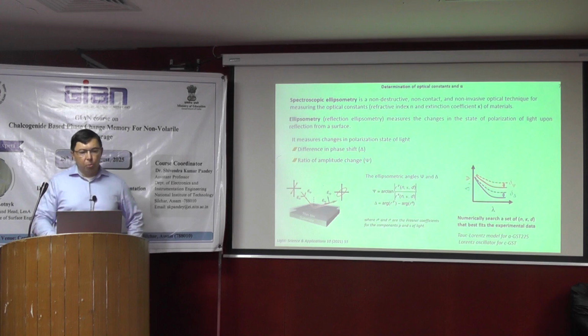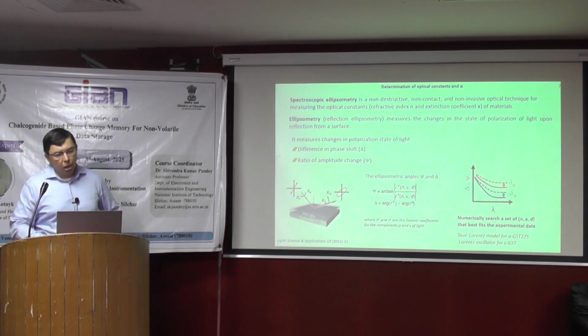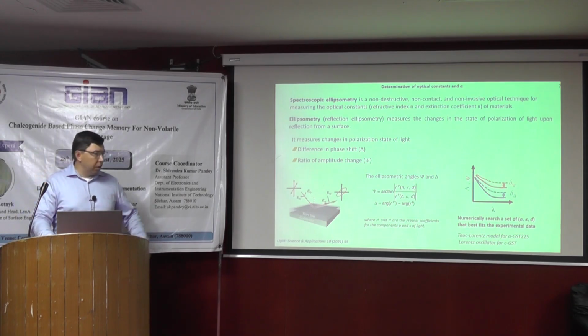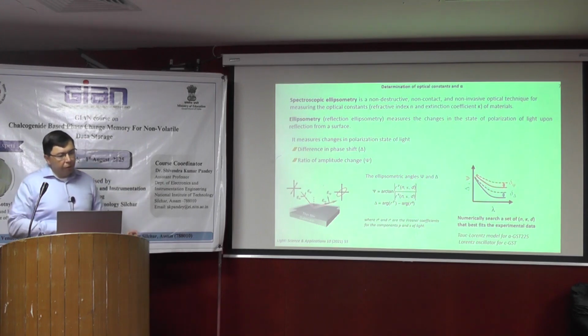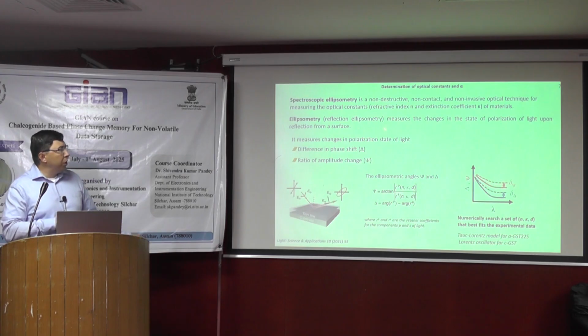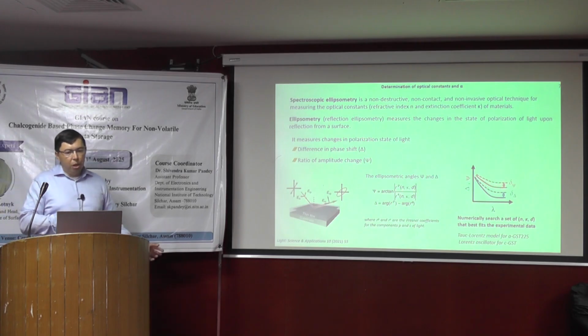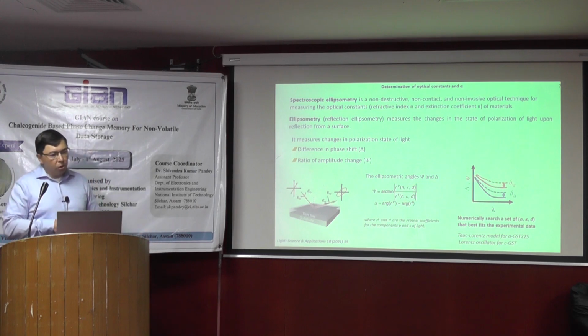So spectroscopic ellipsometry is also a nice method because it is a non-destructive, non-contact, non-invasive optical technique. Similar to UV spectroscopy, it also measures the optical properties of your materials, like refractive index n and extinction coefficient k. The basic principle is that ellipsometry measures the changes in the state of polarization of light upon reflection from the surface, like the difference in phase shift and the ratio of amplitude change.